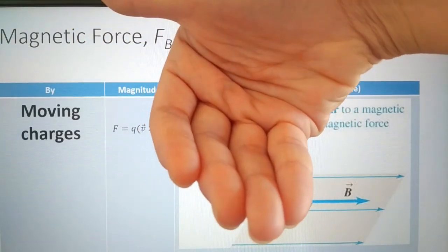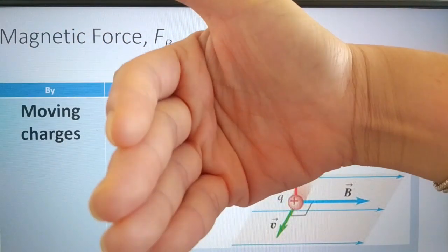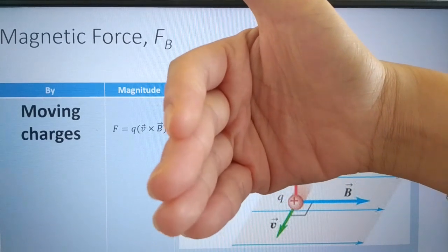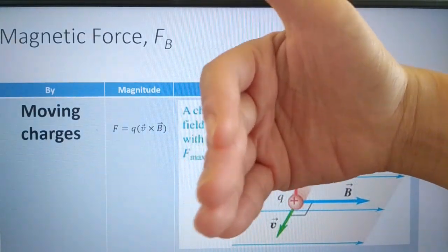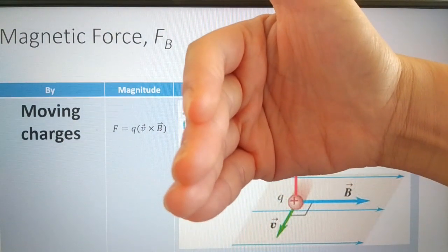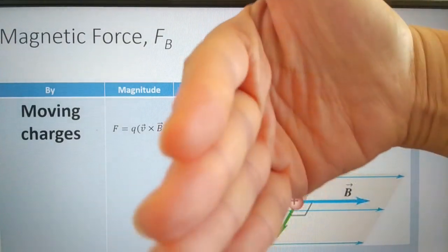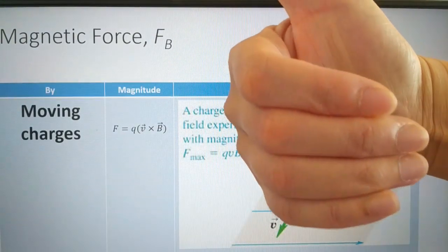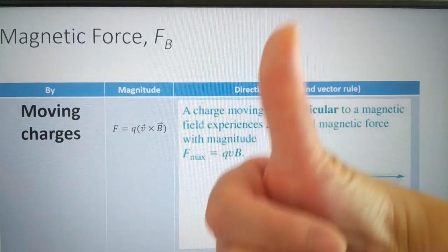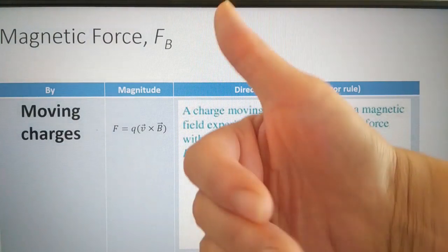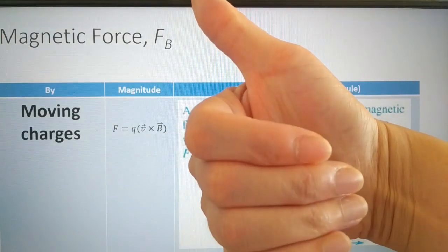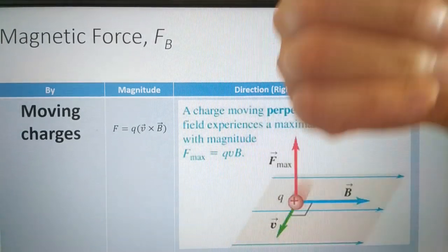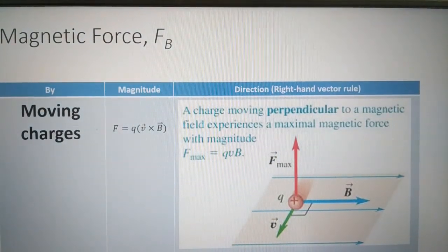You have to twist and turn your fingers so that you can cross from V to B. So what's the direction of your force? Upward. V cross B, force upward. So this is for positive charge.